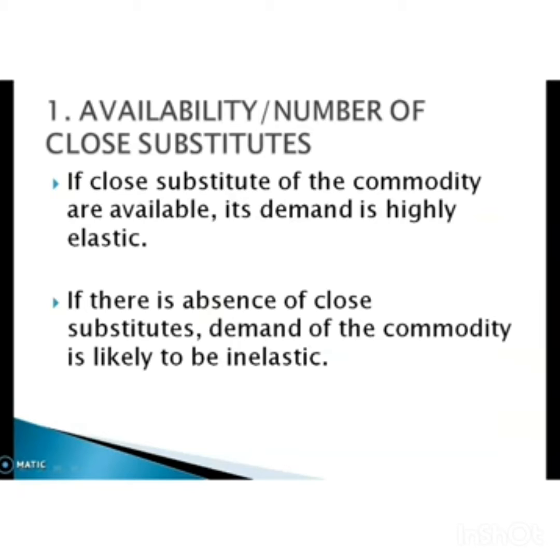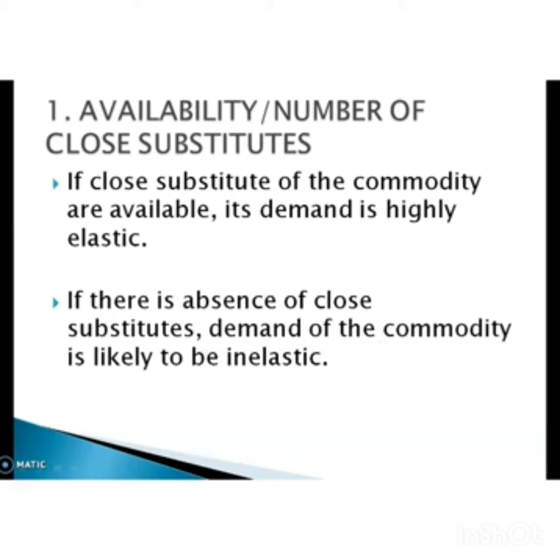So, what is a substitute? A commodity which can be used for another commodity is known as a substitute good. If close substitutes of the commodity are available, its demand is highly elastic. Whereas, if there is absence of close substitutes, demand of the commodity is likely to be inelastic. That means the elasticity of demand for a good depends upon the availability of close substitutes.